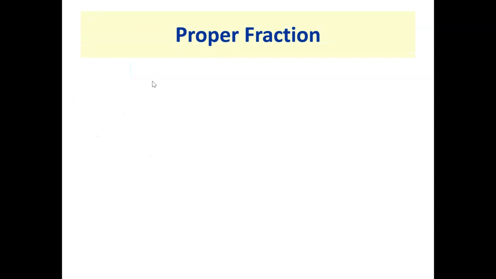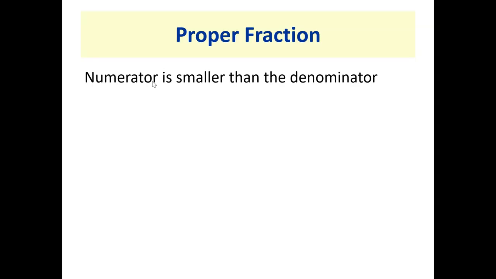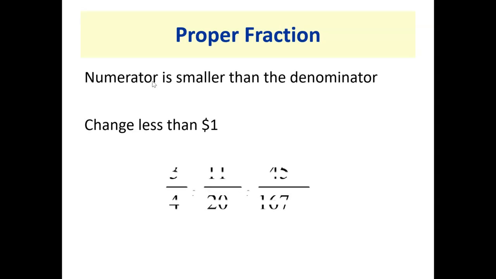Let's talk about 3 different types of fractions. The first one is a proper fraction. Anytime the numerator is smaller than the denominator in a fraction, we call that a proper fraction. In terms of money, the value will be less than $1. It will be only a change.